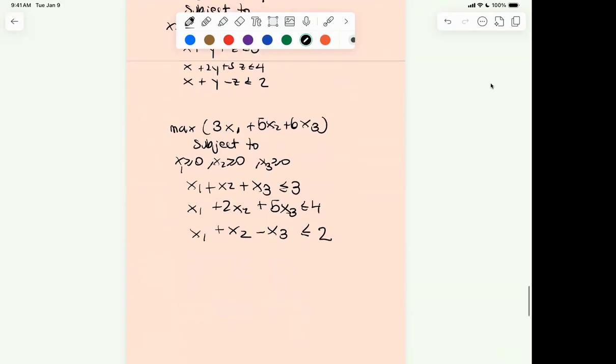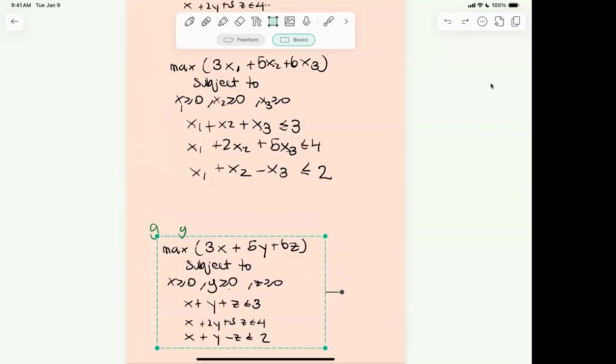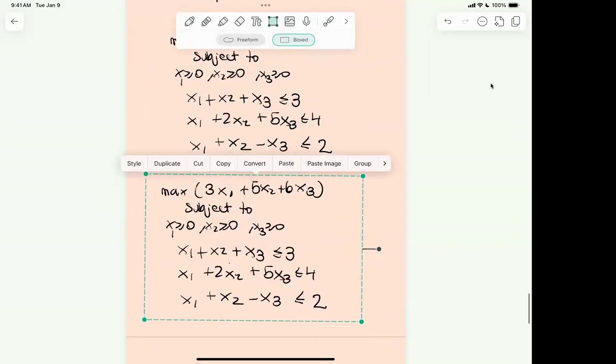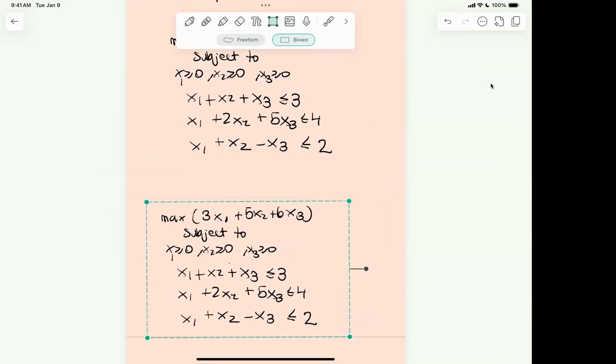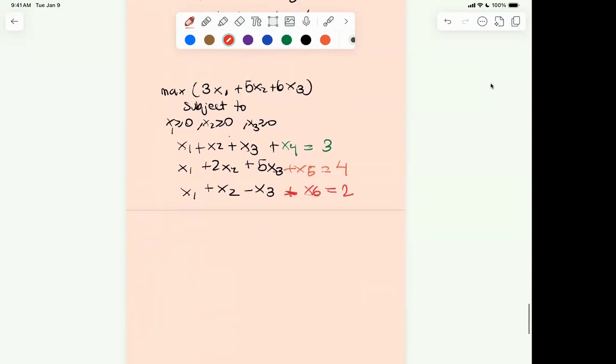So I'll do plus x4 equals 3, then plus x5 equals 4, and then plus x6 equals 2. Okay? Is that making sense?